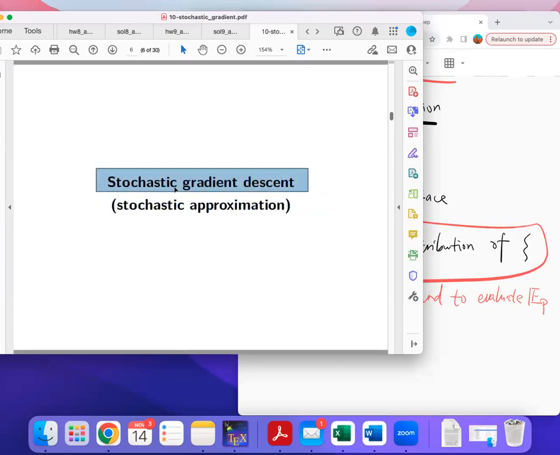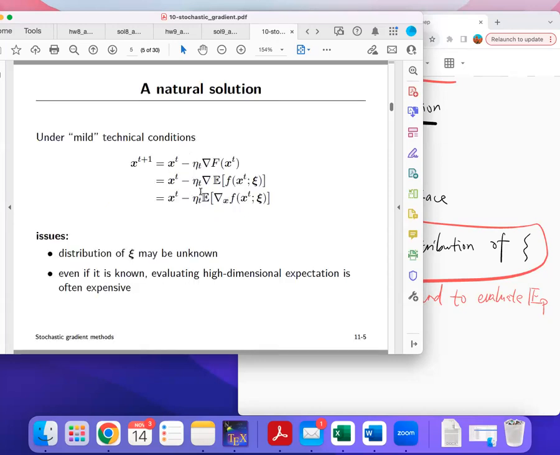It is a stochastic version of gradient descent. And the idea is basically using some stochastic approximation to estimate this expected value. We cannot analytically evaluate it, but we can think of some ways to approximate it.